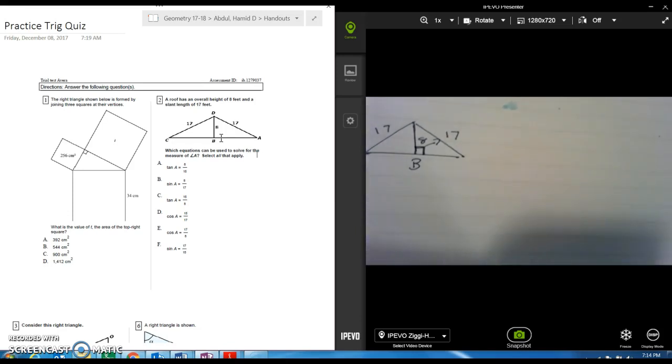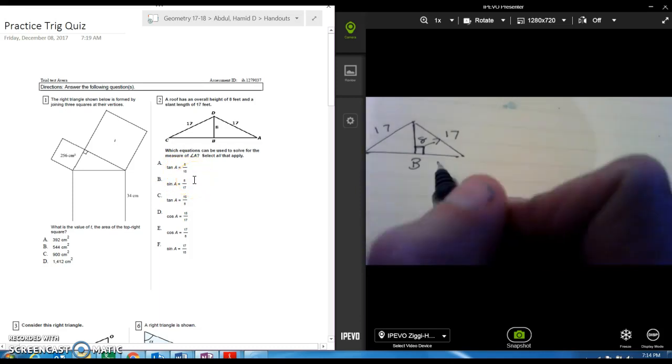Now, in this problem, I really don't have to do that, because if you notice, this is 8 over 15, this is 8 over 17, 15 over 8, 15 over 17, 17 over 8, 17 over 15. They don't give me any other numbers to try and trick me. So if you're in a rush, doing a multiple choice test, they didn't try and confuse you, they just went ahead and told you the other side was 15.